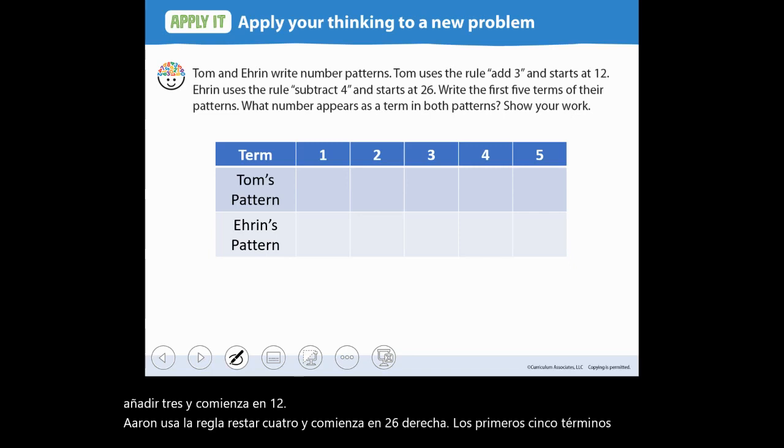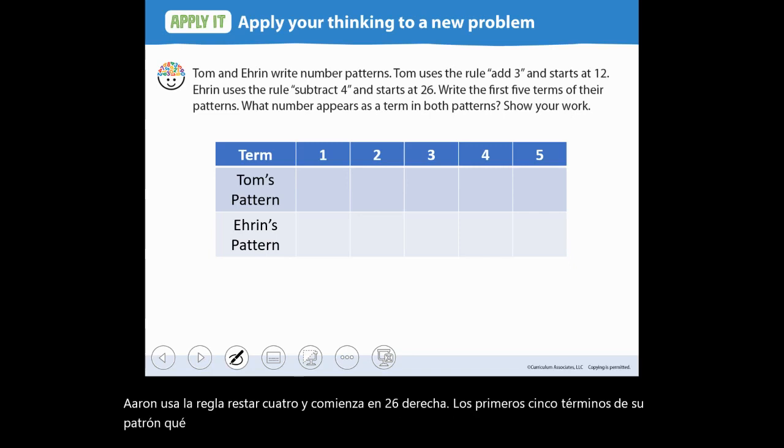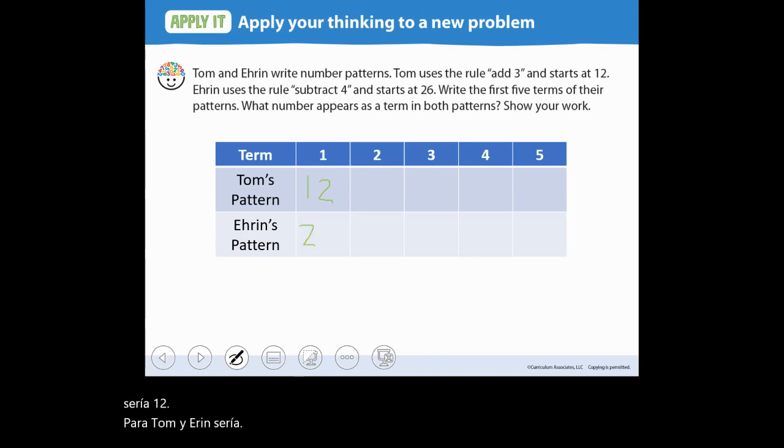What number appears in both patterns? Let's just start you off. The first number would be 12 for Tom, and 26 for Aaron. Remember, Aaron's pattern is subtract 4, and Tom's pattern is add 3. Go ahead and fill in a chart and see where you end up.